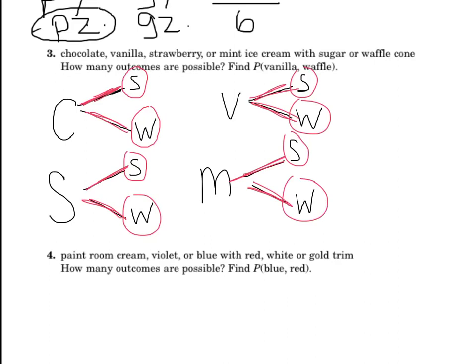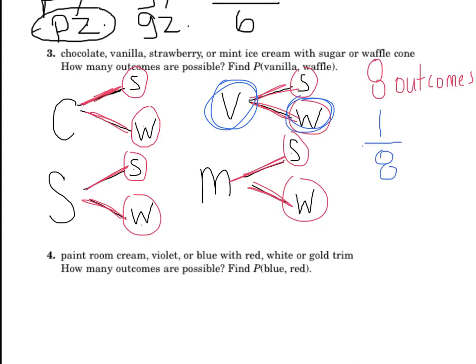And each end has the same thing, SW, SW, SW, SW. That's for sugar or waffle. So how many outcomes are possible? 8 outcomes. And then what's the probability of getting vanilla and waffle? That's right here, vanilla and waffle. So your outcome is 1, or the probability is 1/8.